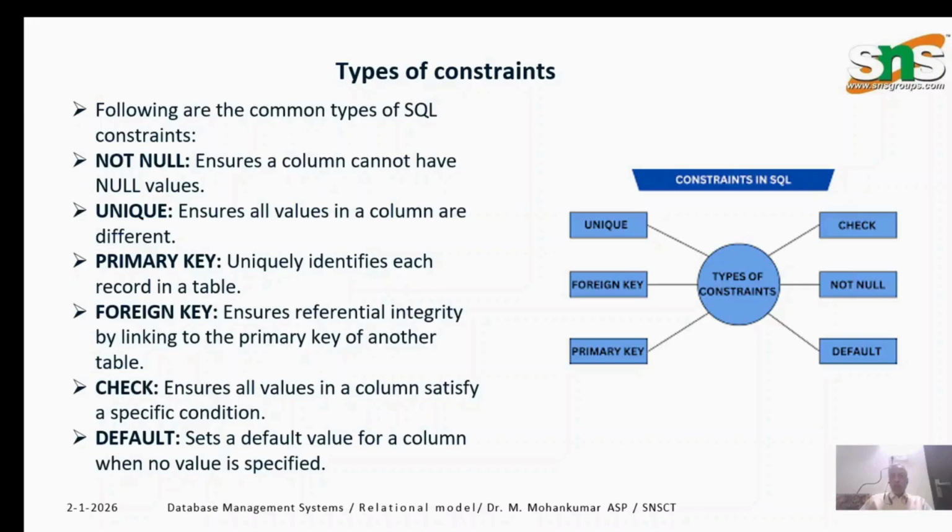Another one is the foreign key, which ensures referential integrity by linking to the primary key of another table. I already told you about the primary key in one table. For example, in the student table, student roll number is a primary key, and in the course table, course ID is a foreign key.